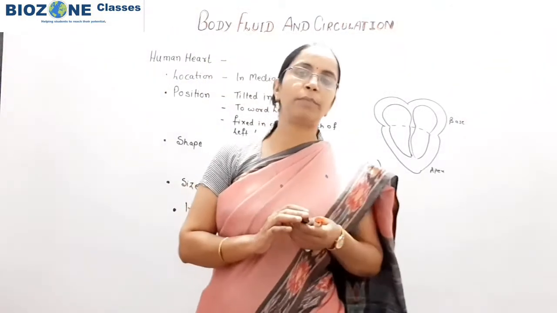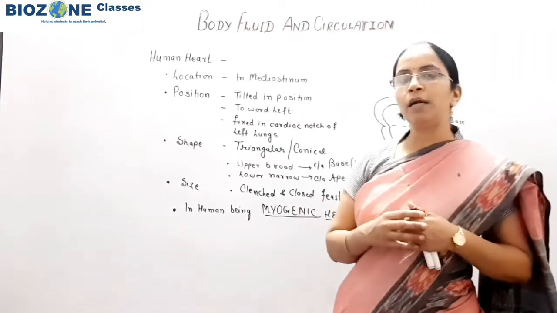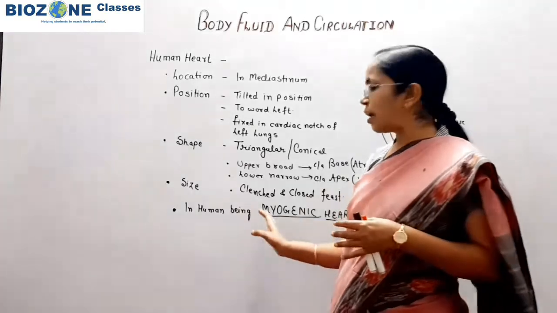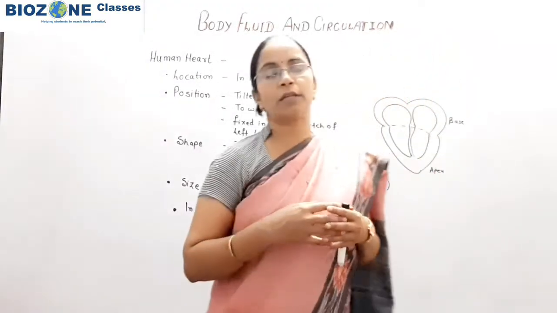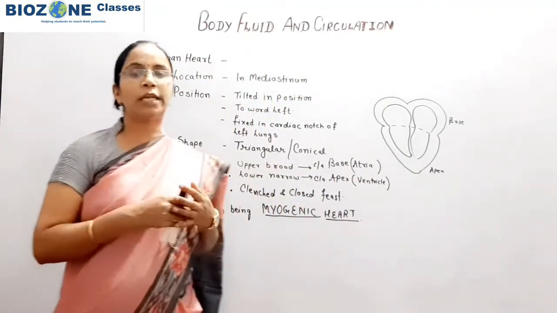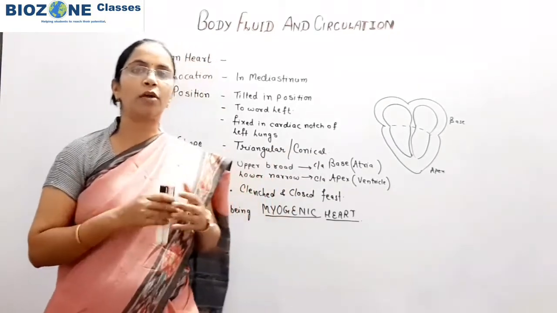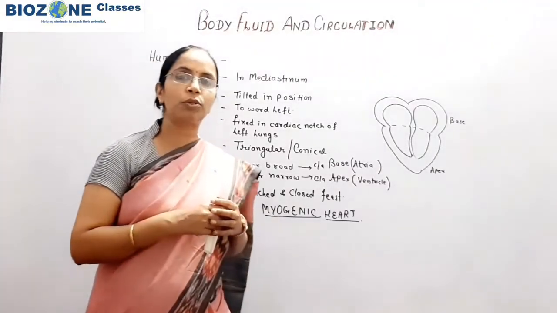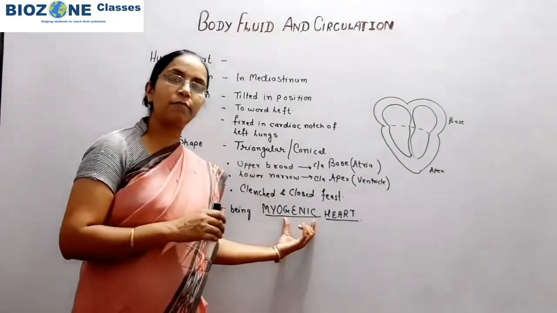Myogenic means that when the functioning of the heart or the heartbeat is controlled by a special group of cardiac muscles, then the heart is called myogenic. Whereas in the cockroach, you already studied that the heart is neurogenic: when the nervous system controls the heartbeat, or the functioning of the heart is under nervous control, then the heart is called neurogenic. So the human heart is myogenic.